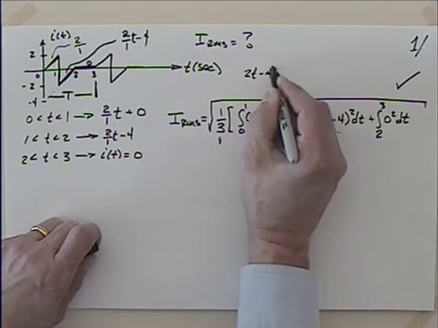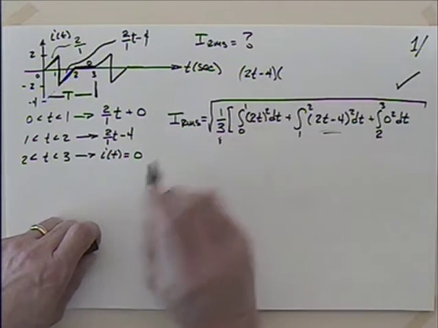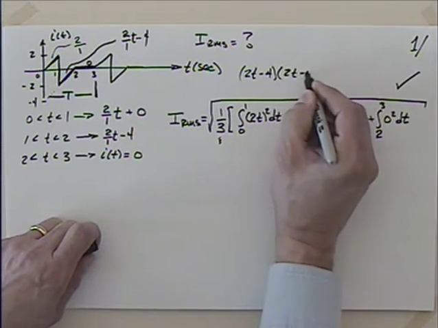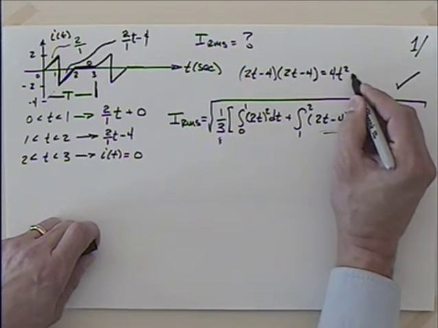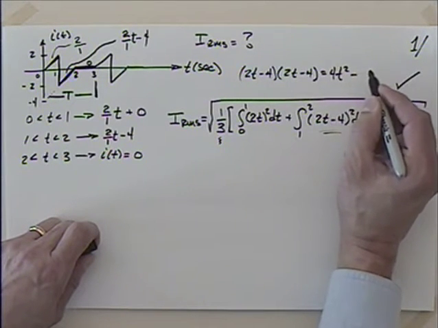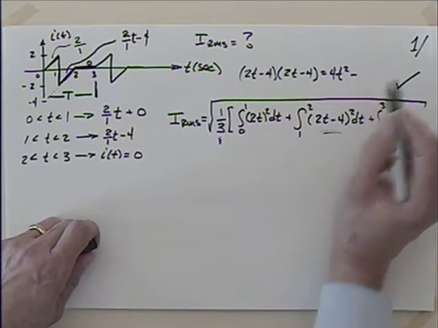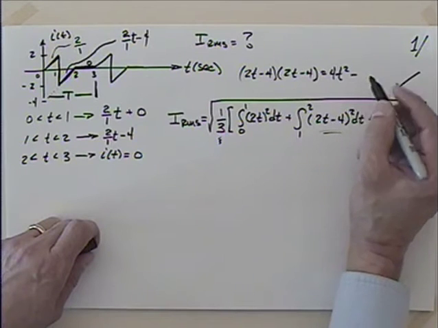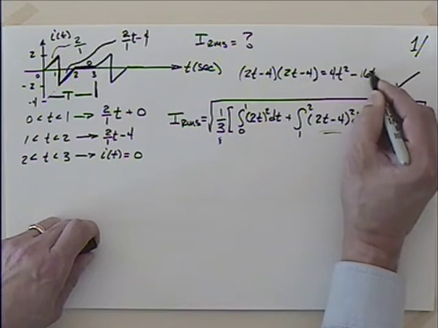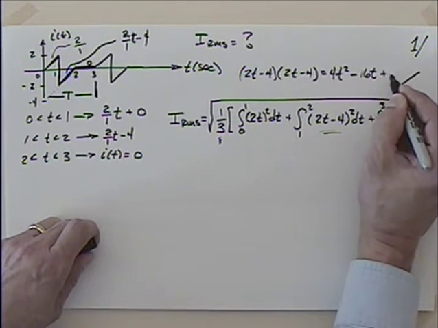2t minus 4, and I'm squaring that out. 2t minus 4, what's that going to give way to? 4t squared plus, is it plus? No, minus 16t. Is that right? 16t plus 16.